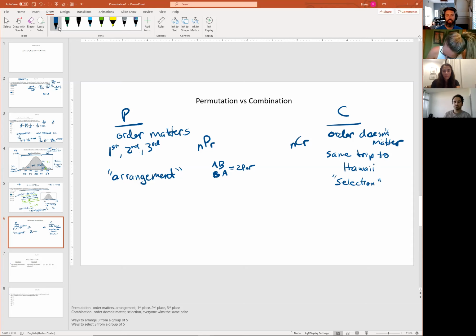But if we're doing combinations, AB and BA are the same set. So it doesn't matter whether we pick A first or B first, we're picking them both. And so again, the order doesn't matter. AB and BA are the same combination. So a different order is a different permutation, whereas a different order is the same combination.